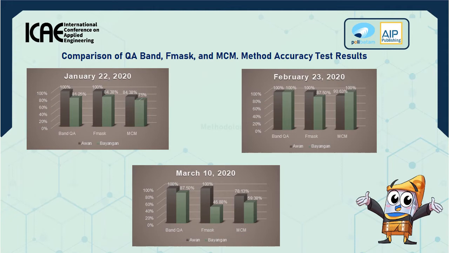Based on the accuracy values that have been obtained, the cloud accuracy of the cloud masking image of BATAM Island on January 22, 2020 is highest in the QA band and FMASK methods, which are 100%, and the lowest cloud accuracy is the MCM method, which is 84.38%.